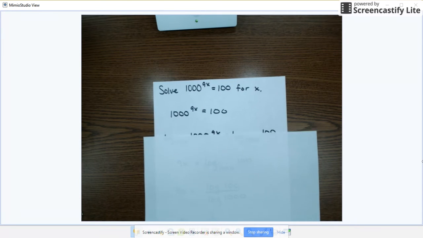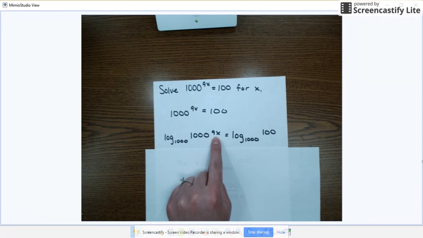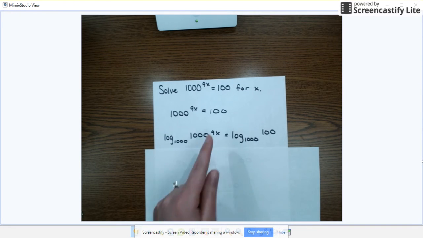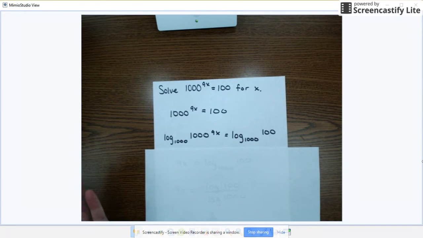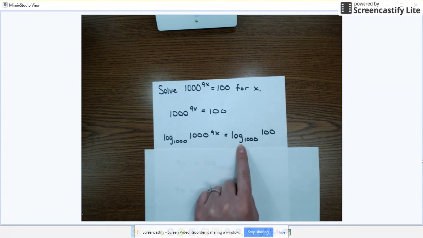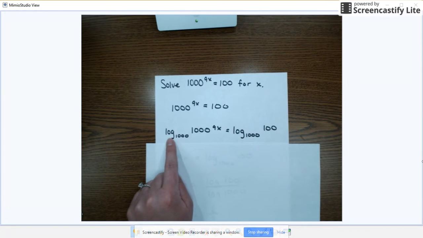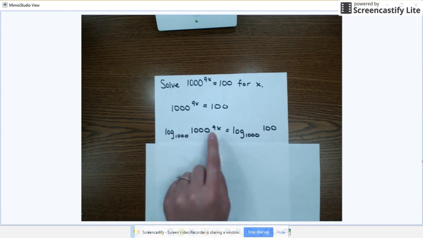What I mean is doing this. So log base 1,000 of 1,000 to the 9x. It's an equation, so just like our basic algebraic equations, we have to do the same thing to both sides of our equation. So if we take log base 1,000 on the left side, we have to take log base 1,000 on the right side as well. Okay, the point of that is to cancel these off, leaving us with 9x on the left side.